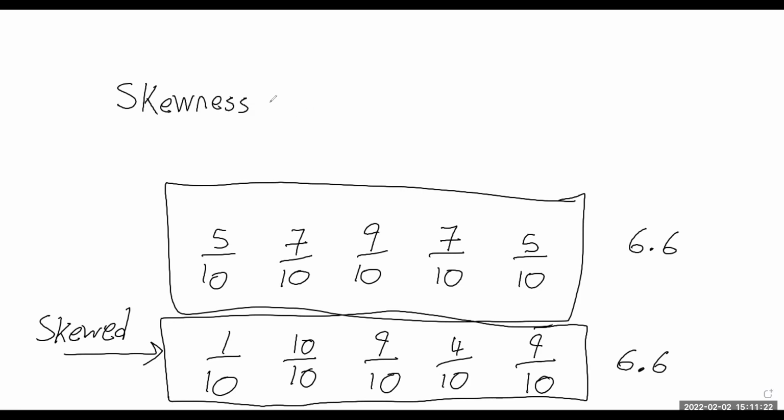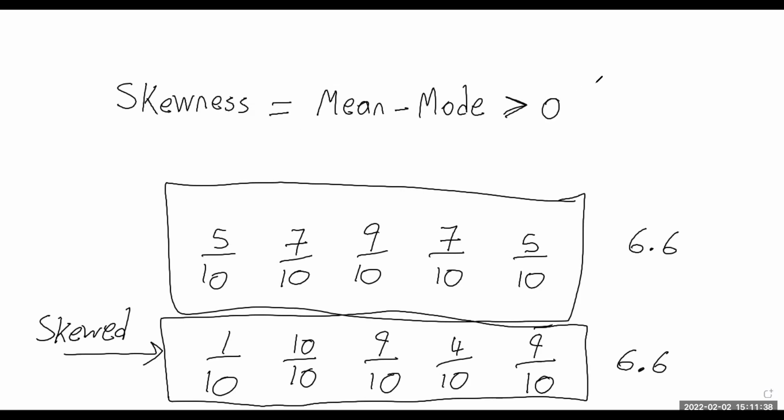Now, there's just a simple formula to measure skewness, Jamie. It is mean minus mode. Now, Jamie, whenever mean minus mode is greater than 0, we say that the data is positively skewed.